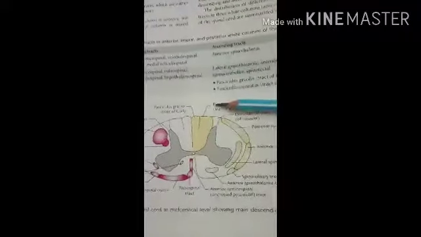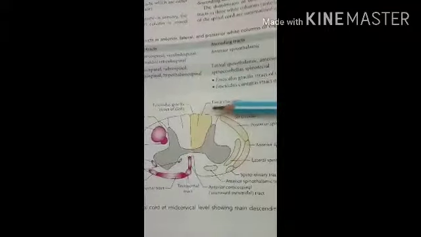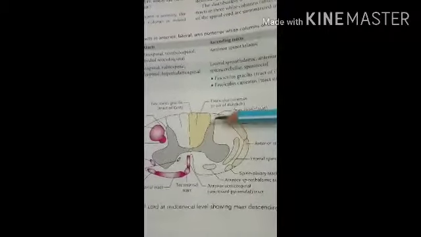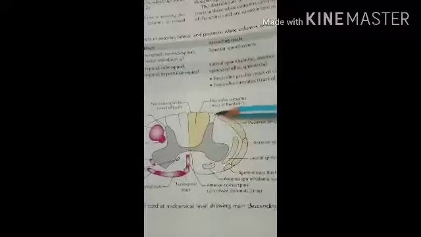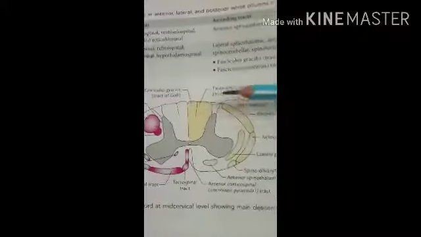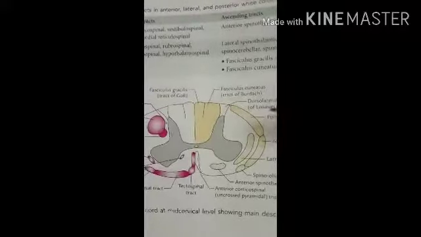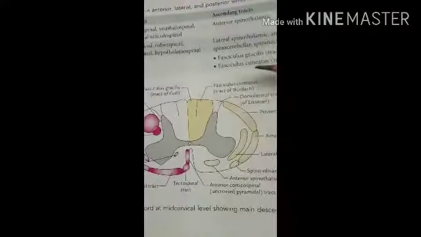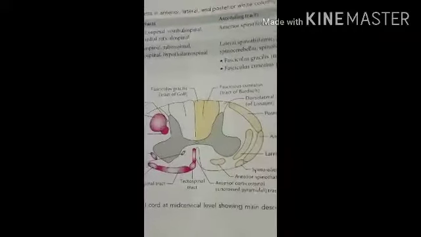Then it reaches the posterolateral ventral nucleus of the thalamus and relay ends in the area 3, 1, 2 of the cerebral cortex. Then the function is discriminatory touch, vibratory sense, and stereognosis.